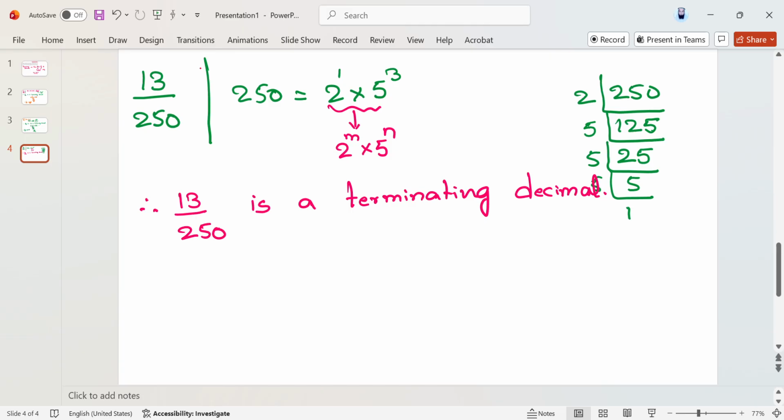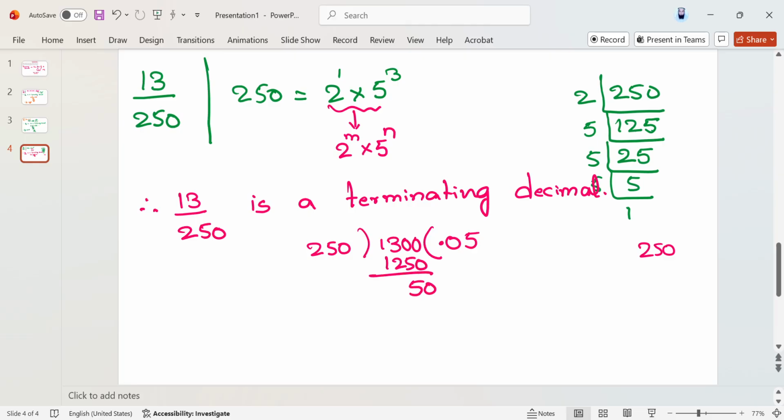Do you want me to do it? Okay, let me do it. So 250. The dividend is smaller, so keep a point. It is 130, and 130 is still smaller, so keep on adding 0, and here in 1300 how many 250s are there? I believe it is 5 times, 5 times 250 is 1250.